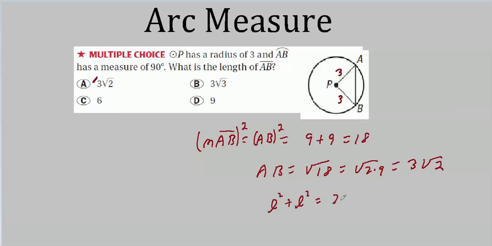That's 2L squared. When you take the square root of 2L squared, what are you going to get? You're going to get the square root of 2 times L. That's always going to be true. And that's why we got the square root of 2 times 3. You've seen that before, but a reminder doesn't hurt.